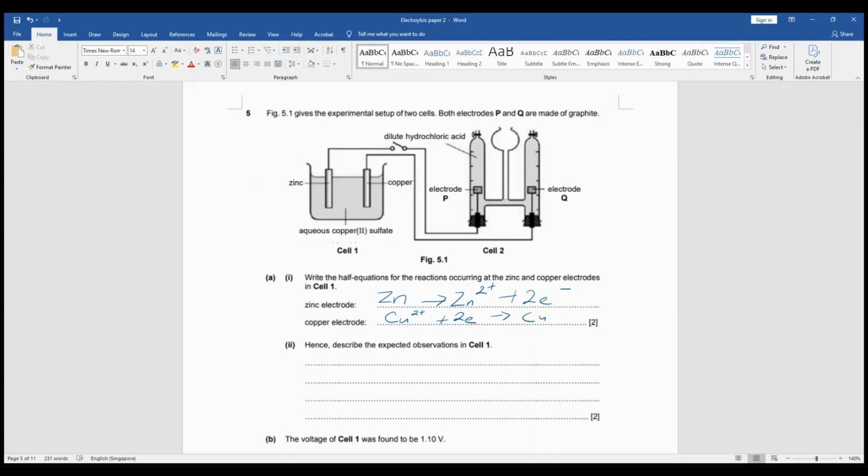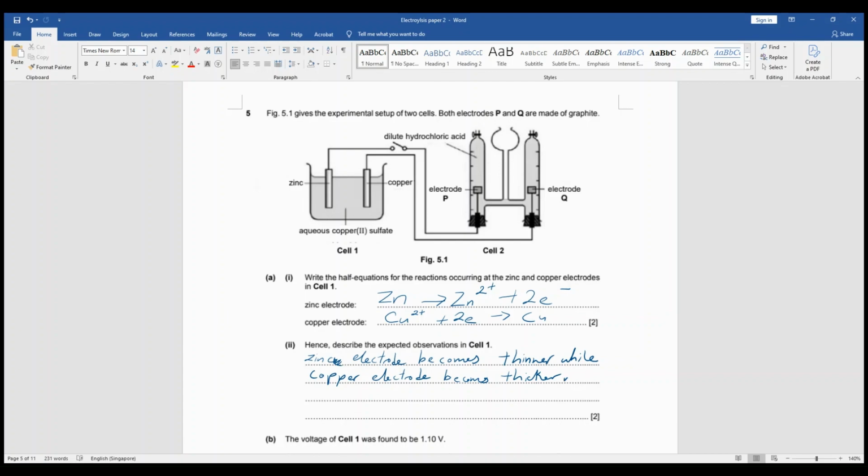The zinc electrode becomes thinner, while the copper electrode becomes thicker. I don't know whether they count this as 1 mark or 2 marks. It could be zinc 1 mark, copper 1 mark.